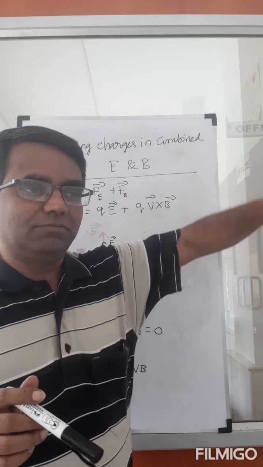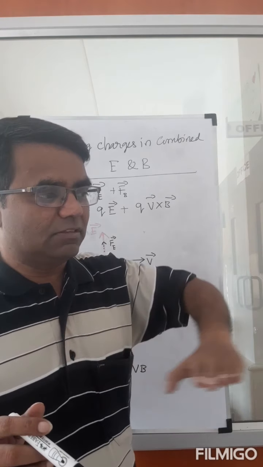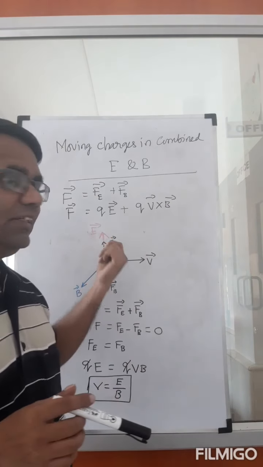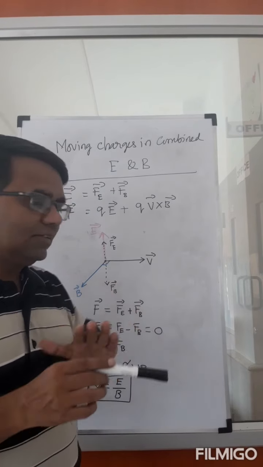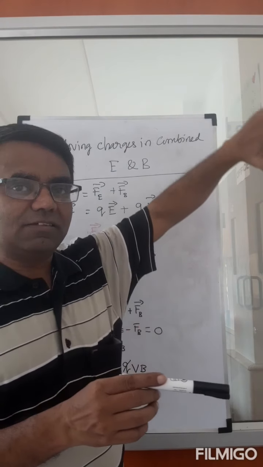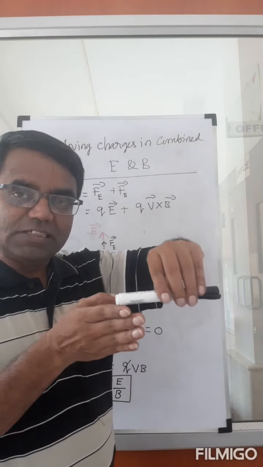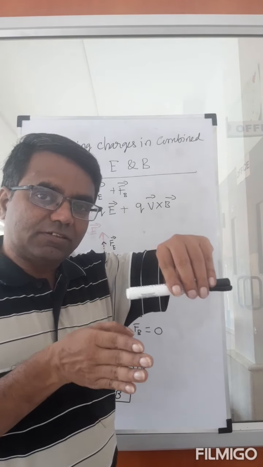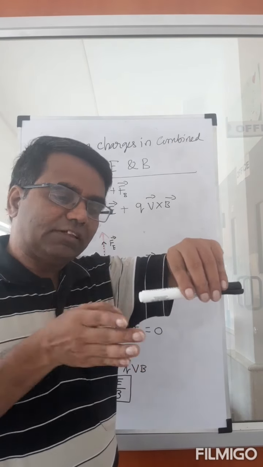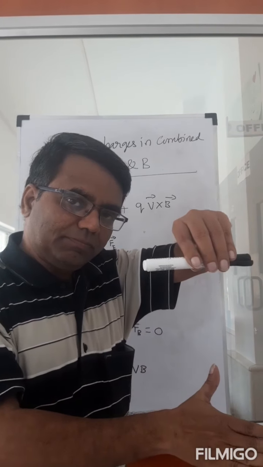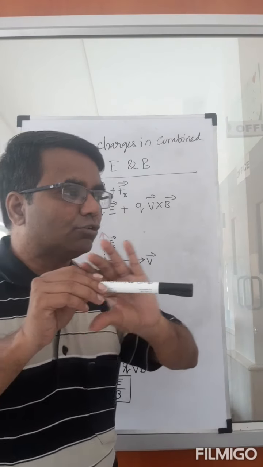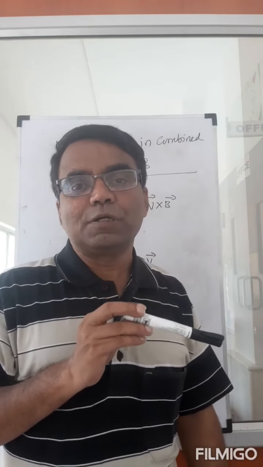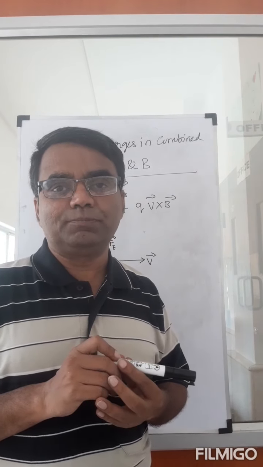I told you, it will make some kind of a circle there. If Fe is greater than Fb, then it will make this kind of circle. If Fb is greater than Fe, then it will make this kind of circle. Okay? It won't go unaffected by both the fields.